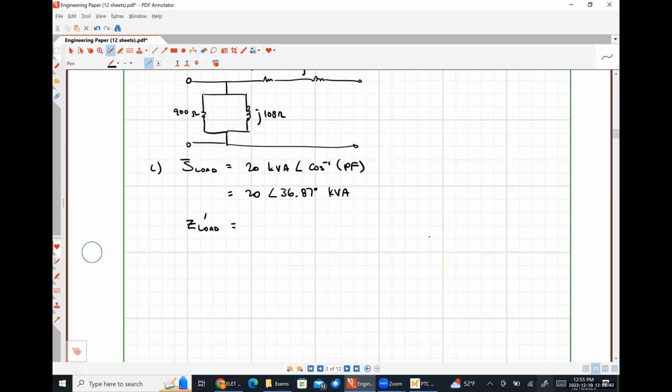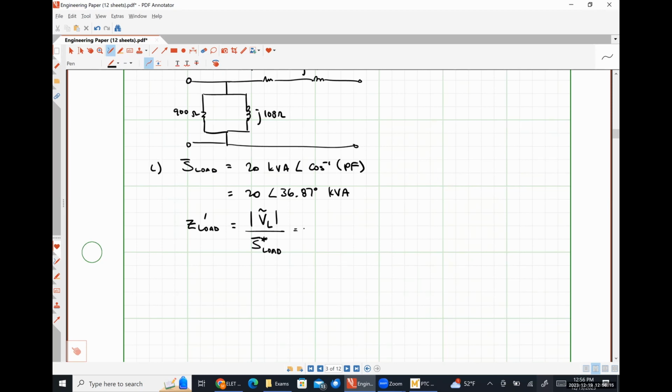So, excuse me, our load referred to the primary side, because that's the decision that we have made, is going to be the magnitude of our load voltage squared divided by the complex conjugate of the complex power absorbed by our load.